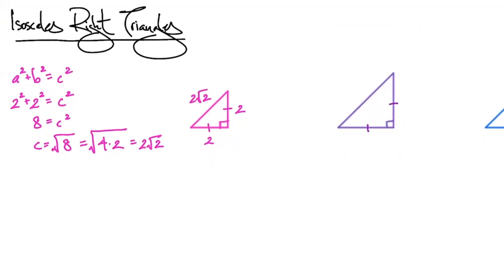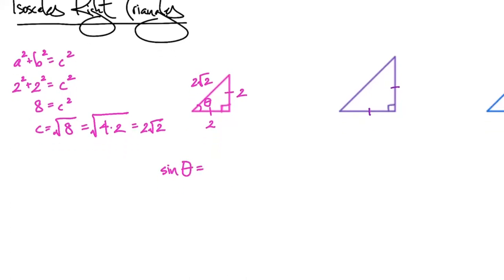Now, since we're here on this pink triangle, let's call this bottom corner theta. I'm wondering if someone can tell me what is the sine of theta for this pink triangle? Good.